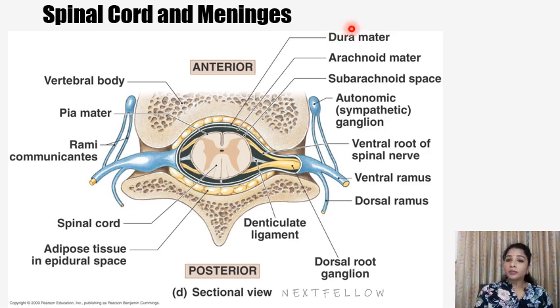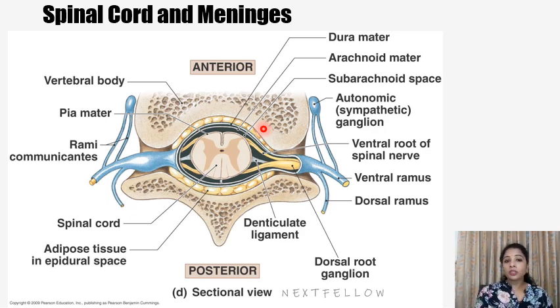The space between the inner surface of the vertebral canal and the dura mater is known as the epidural space. That means the space outer to the dura mater is called the epidural space.